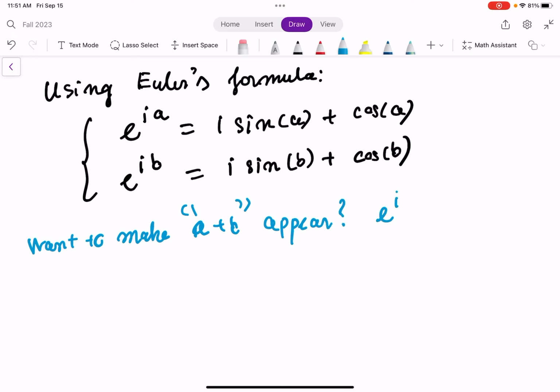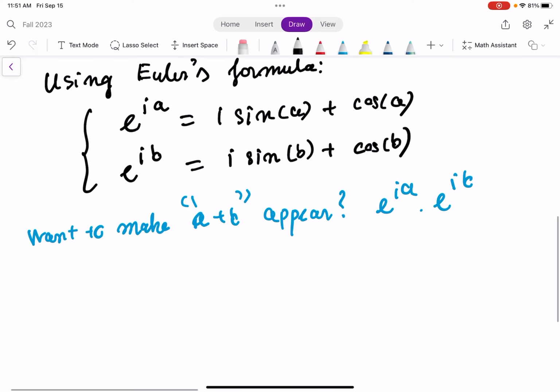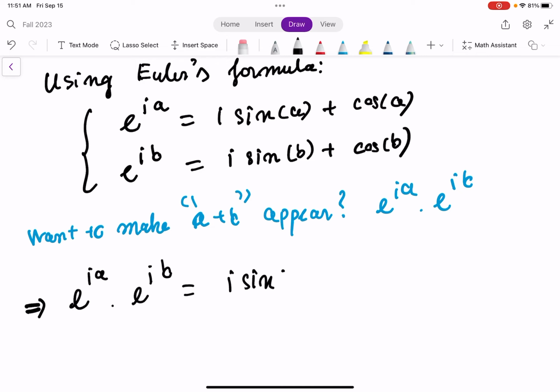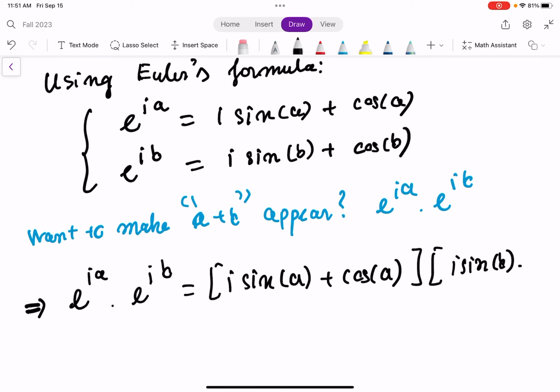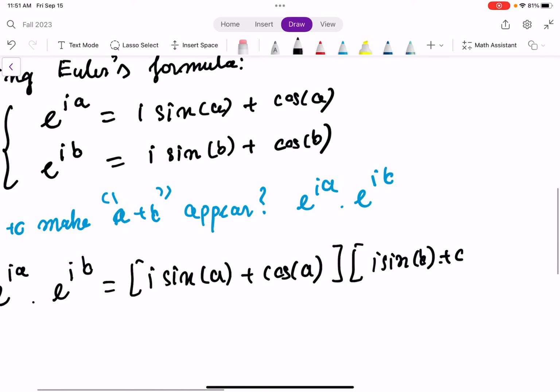I'm going to multiply e to the power i a by e to the power i b. You'll see in a second. From above, if you multiply the two together, you get e to the power i a times e to the power i b equals i sine a plus cosine a, times i sine b plus cosine b.